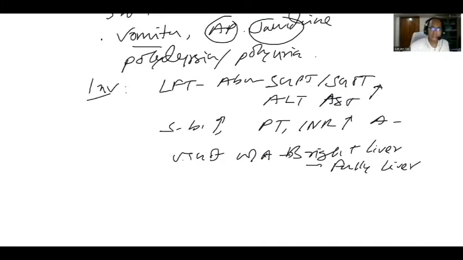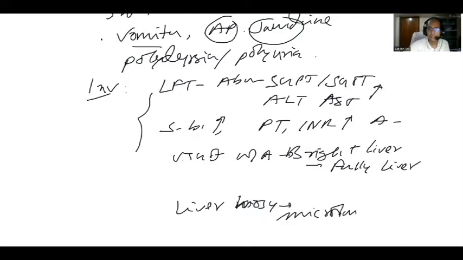So these are the panel of investigations that can be helpful for the diagnosis of acute fatty liver of pregnancy. Liver biopsy usually is not needed, but if done, it will show microvesicular steatosis, that means lipid particle deposition inside the microvessels.